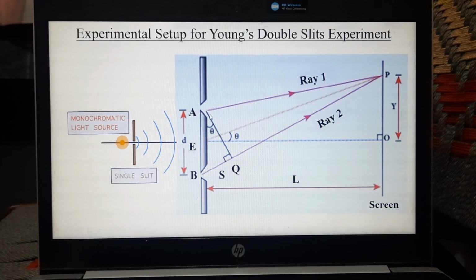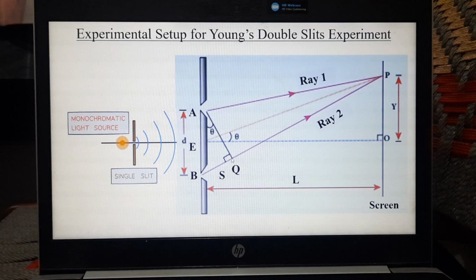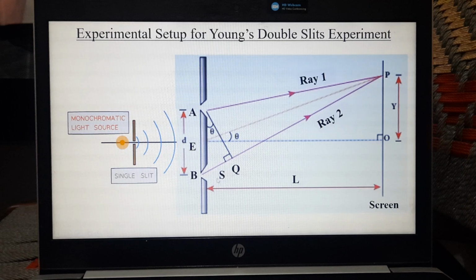This extra distance is BQ, which is represented as S. So S is the difference of the lengths of the two rays, ray 1 and ray 2. So BQ, or S, is basically the path difference between ray 1 and ray 2.